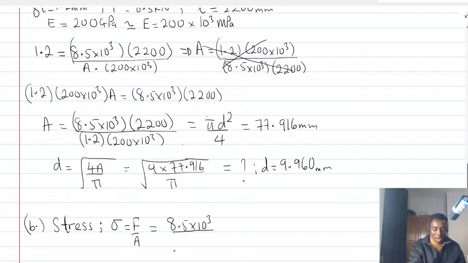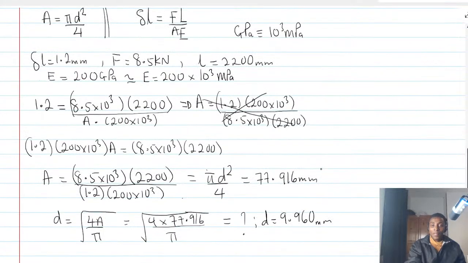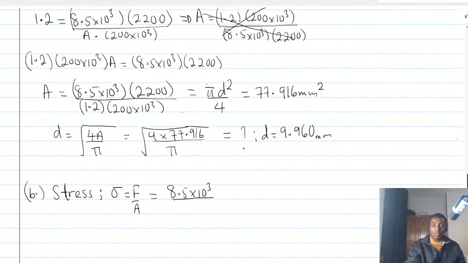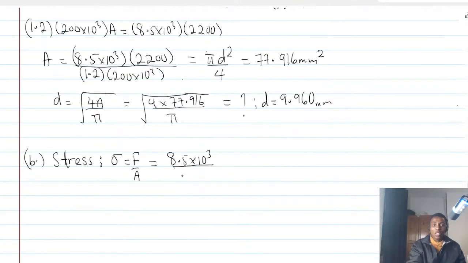And then the area is 77.916 millimeter square. Now, since you are dealing with millimeter square and Newton, whatever answer that you get is automatically in megapascal.